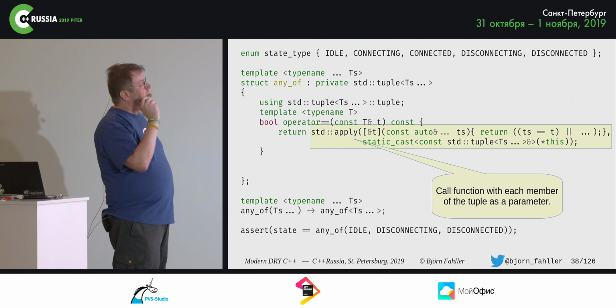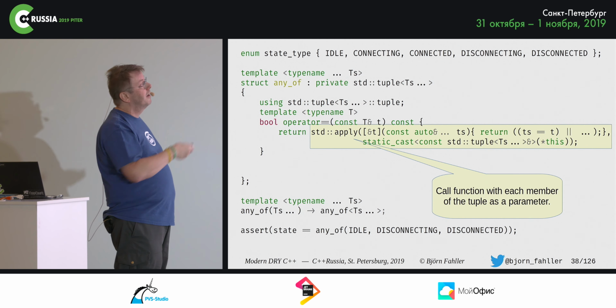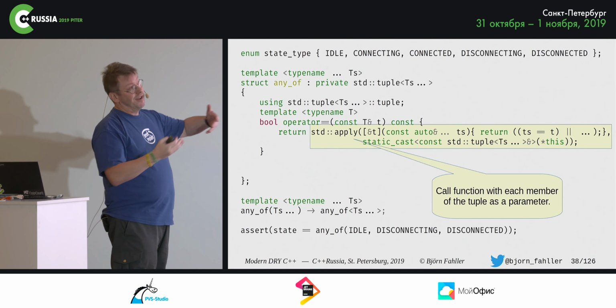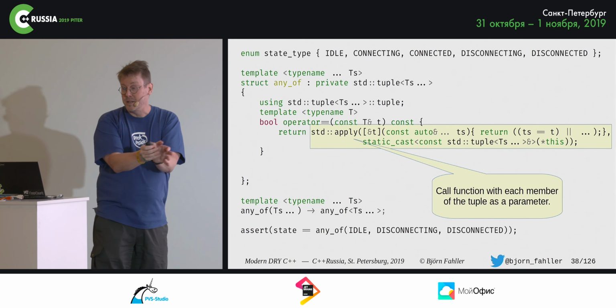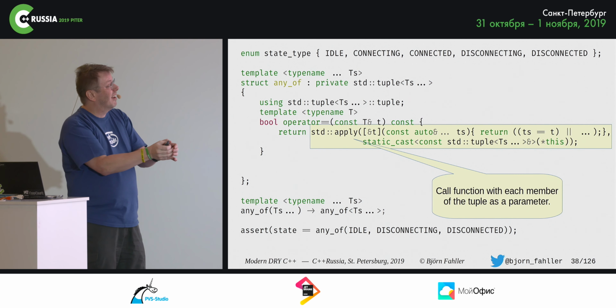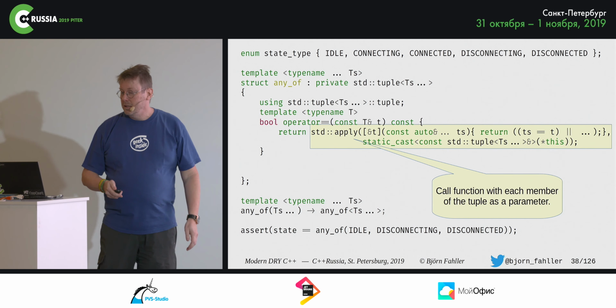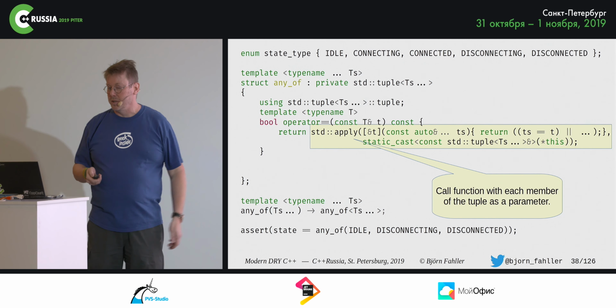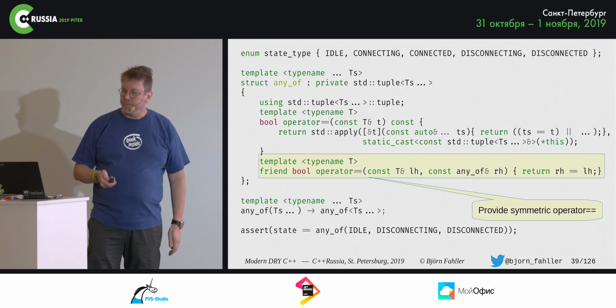Unfortunately, since the inheritance is private here, and std::apply is not a friend, it cannot see that *this is a tuple, so we need this ugly cast. That is unfortunate, but it's an implementation detail. No one has to see it, so that is good.